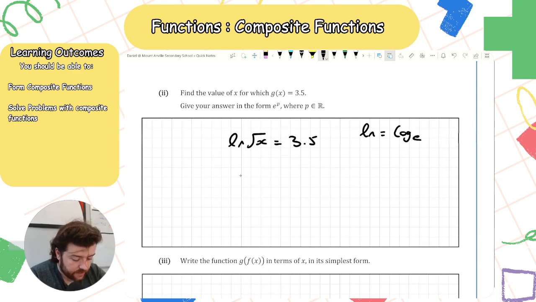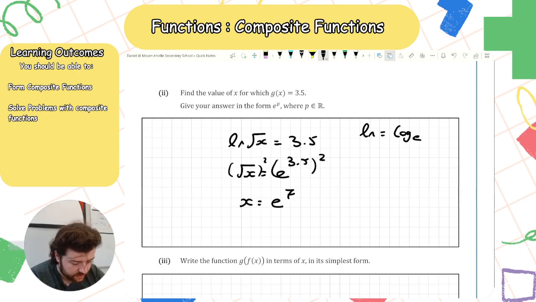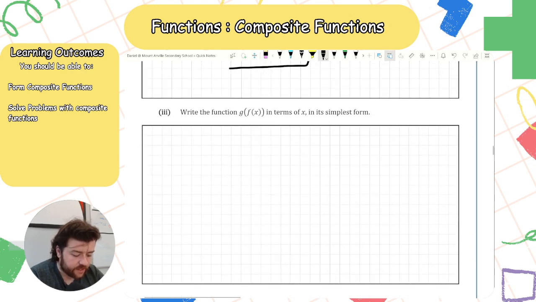So what I can just do is root x is equal to e to the power of 3.5. Then square both sides to get rid of my square root. So x is equal to, power by power we multiply, so 3.5 times 2, e to the power of 7. There's my answer there.